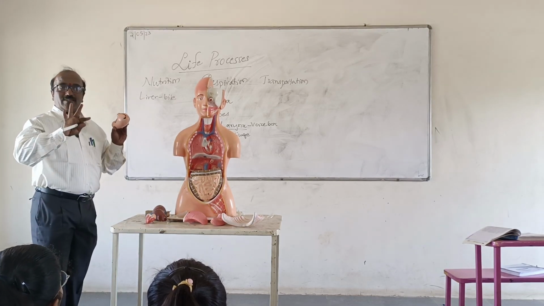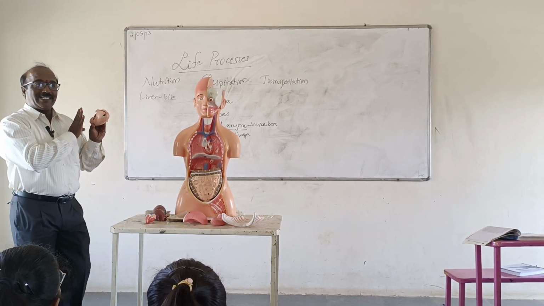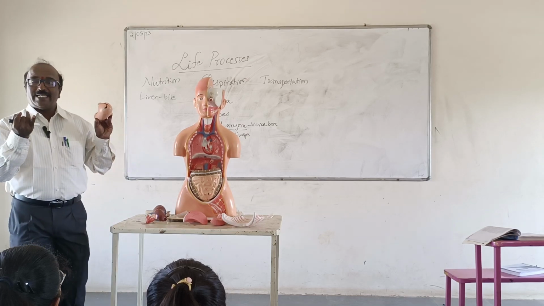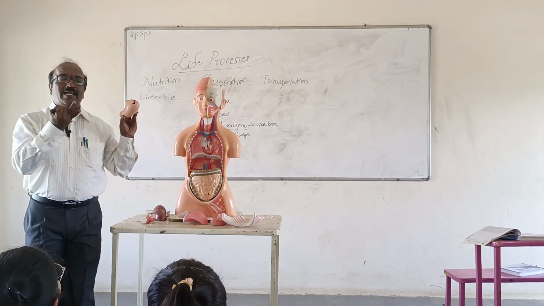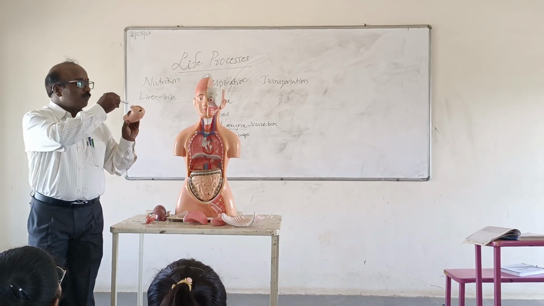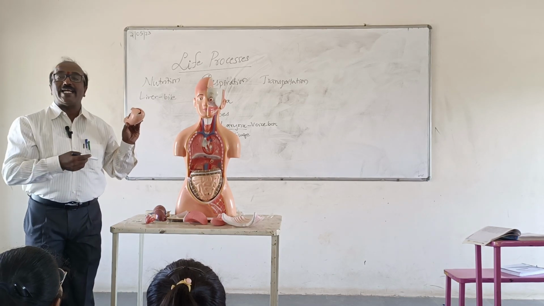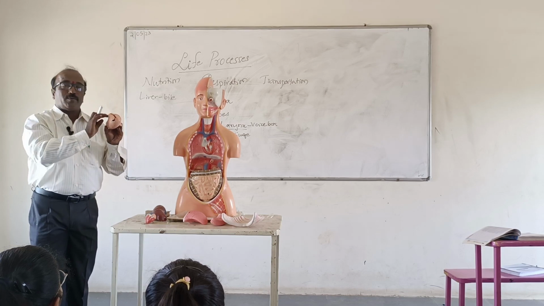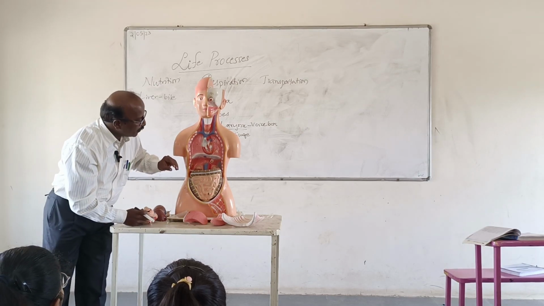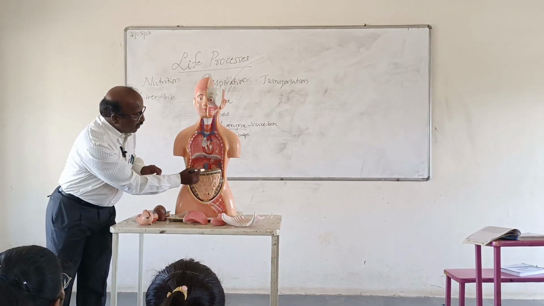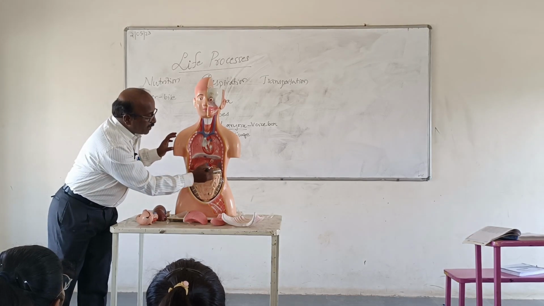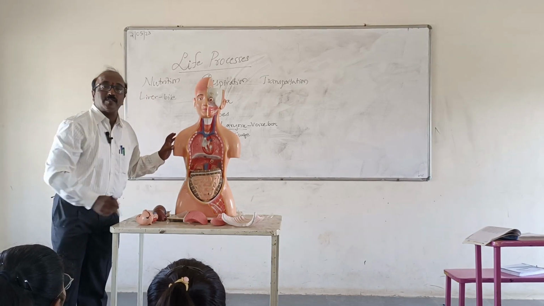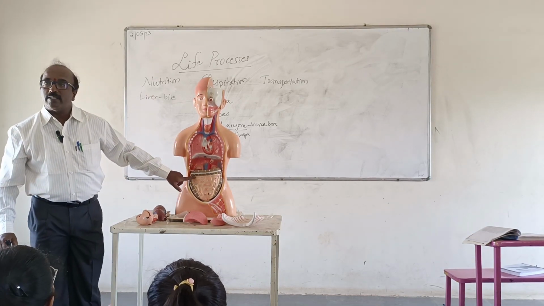So the main three things are: it secretes enzymes, it secretes dilute hydrochloric acid, and it secretes mucus. The mucus forms a layer that protects the inner lining. Then the small intestine.